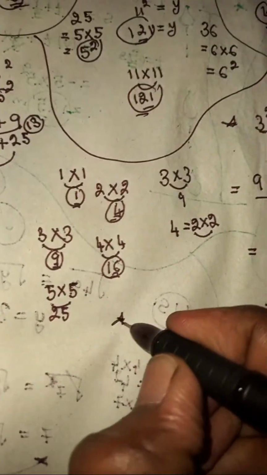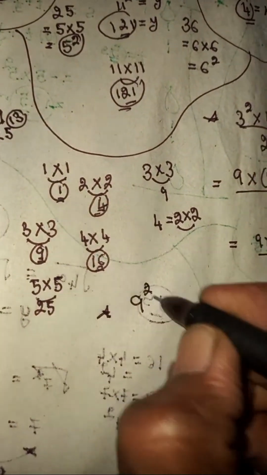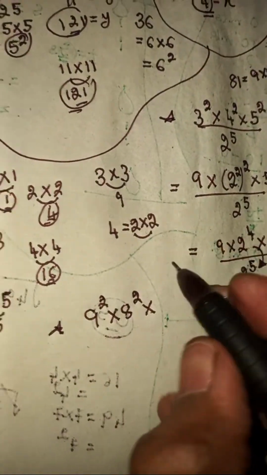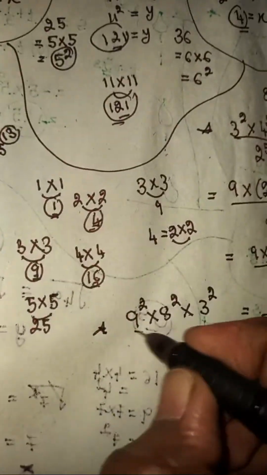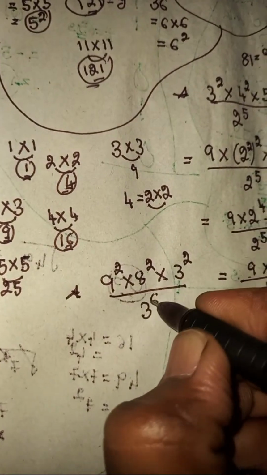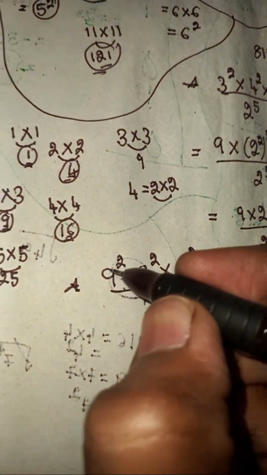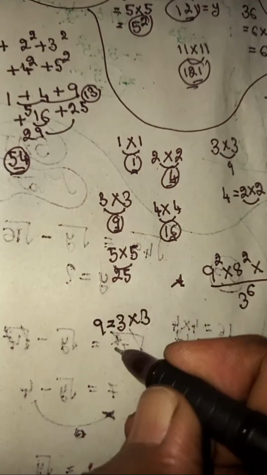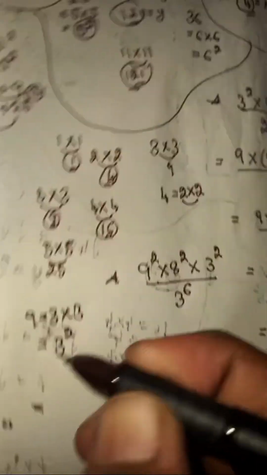Here I am going to do this: 9 square times 8 square times 3 square divided by 3 power of 6. Now also 9 you can write as 3 times 3, so it is going to become 3 square.